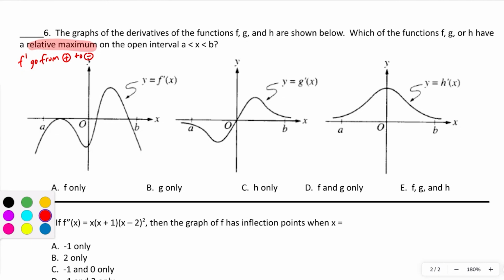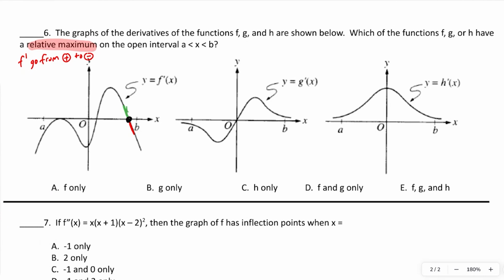So we can see that f prime goes from being positive to negative. Now, keep in mind, we're not talking about the slope here of f prime. We're talking about the value of f prime. So we would have a relative maximum between a and b on this first graph. So for sure, f.